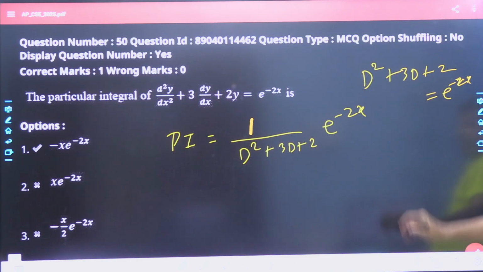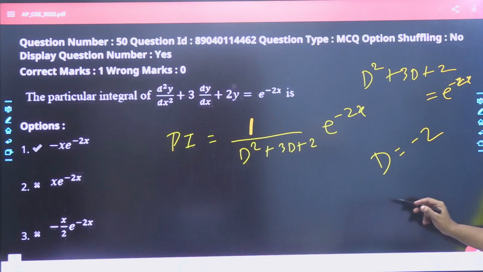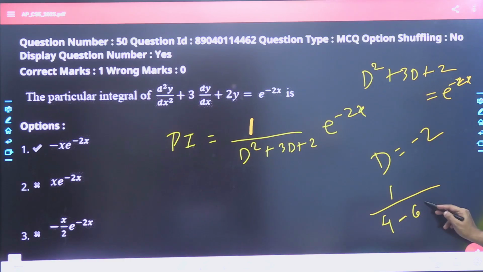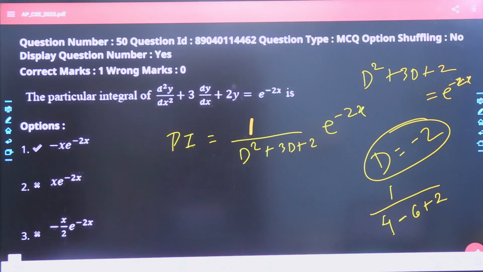Now see, if we replace D by minus 2, then this becomes 1 upon 4 minus 6 plus 2. So 4 plus 2, 6 minus 6 becomes 0. So can we say that D equals minus 2 is one of the roots for that?